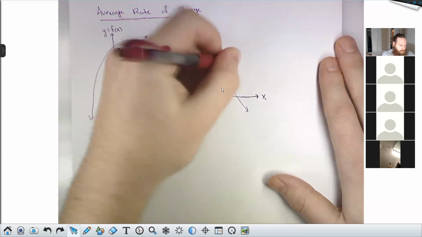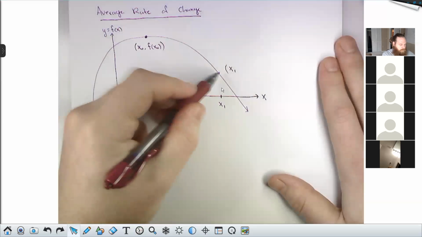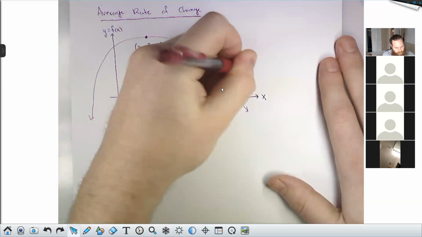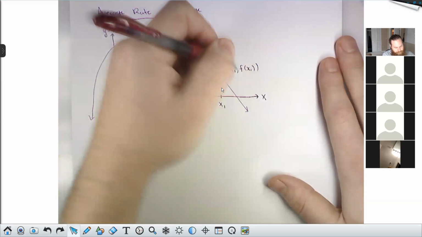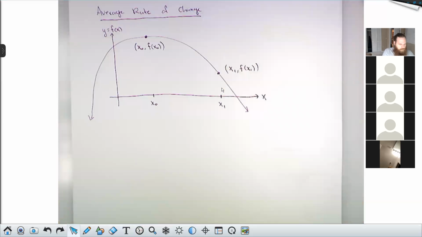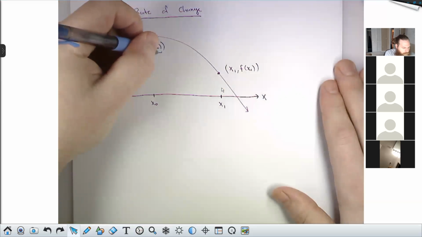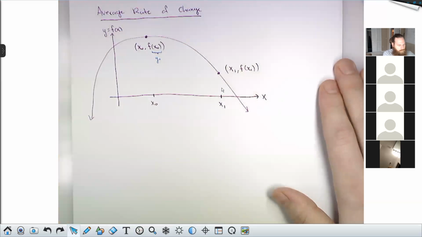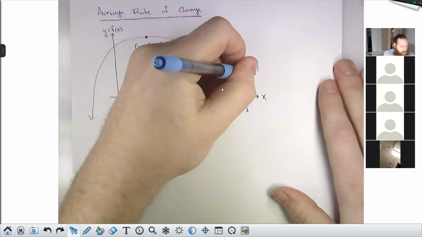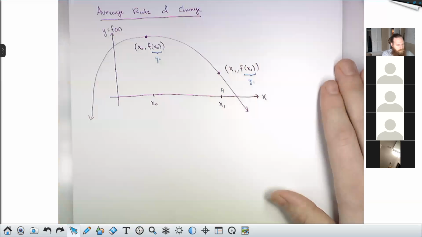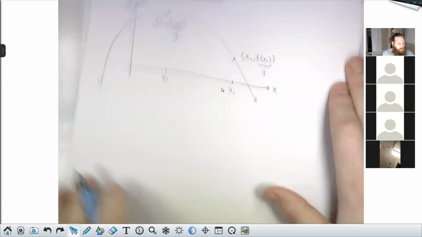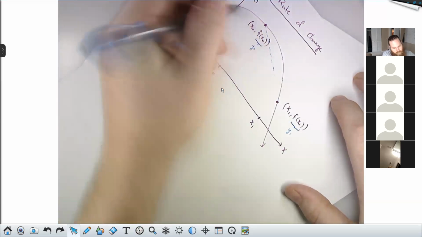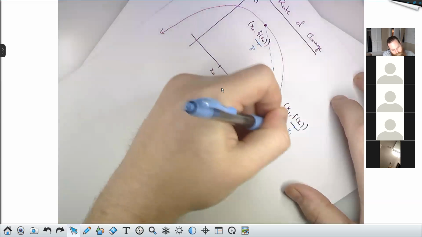And similarly over here, the point on the graph above x1 is x1 comma f of x1. Now some people would choose to call this y0. That's fine. If you want to do that, just remember that it is f of x0. And similarly, some people would choose to call this y1. The thing we call the average rate of change for that function is the slope of the line connecting these points.